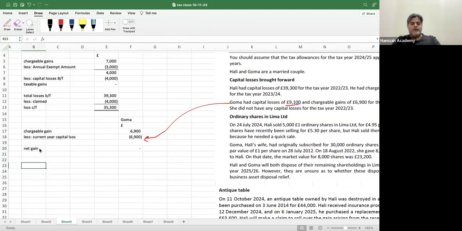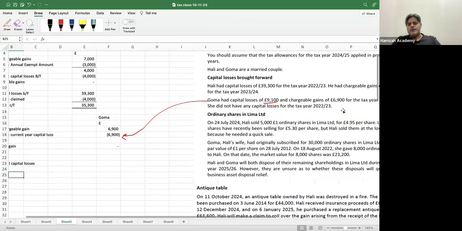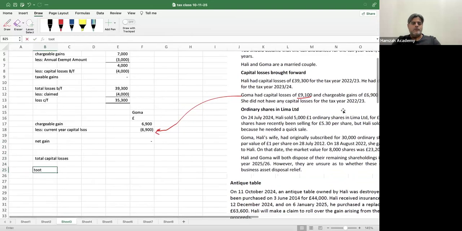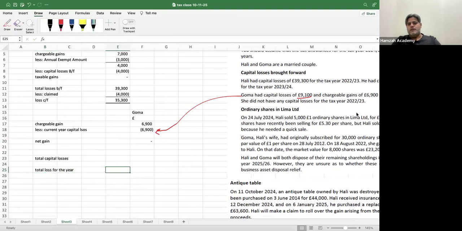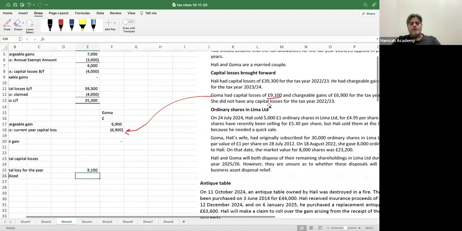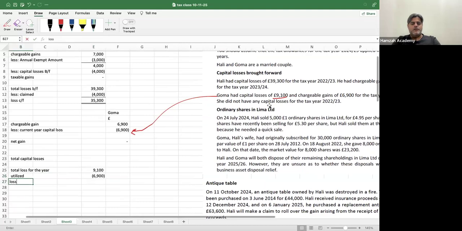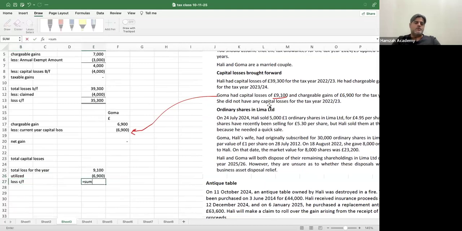And then if I look at my total capital losses, she did not have previous year losses. Total loss for the year is 9,100. Out of this, the utilized amount is 6,900, so the loss carried forward is going to be 2,200.